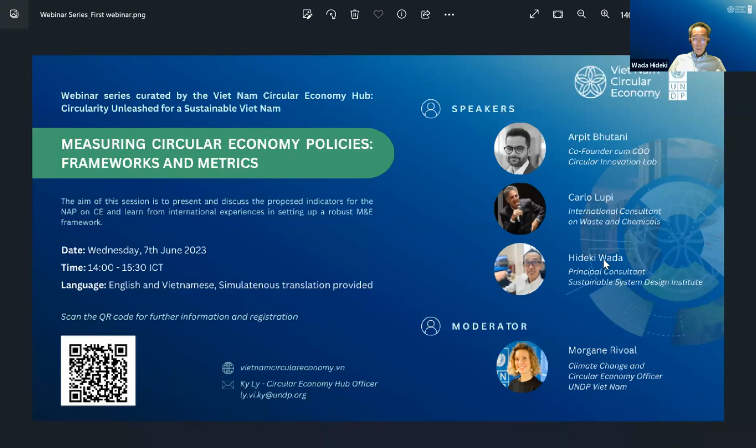Coming back to Morgan-san's question, first, in Japan, not only total material flow, but also the material flow by products is drawn. That's one of the very important points, I believe. Based on that, I want to address three lessons from Japan.